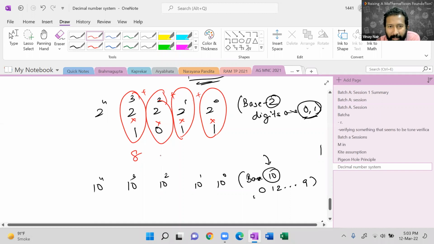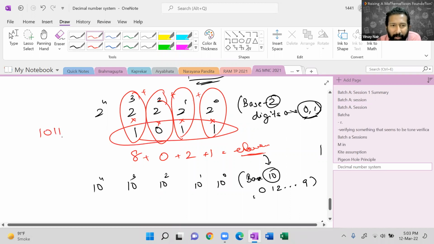So this is 8 plus 0 plus 2 plus 1. So 8 plus 2 plus 1 gives me 11. Right? So 1011 is the binary representation of 11. So we write 1011 to the base 2 is equal to 11 to the base 10.